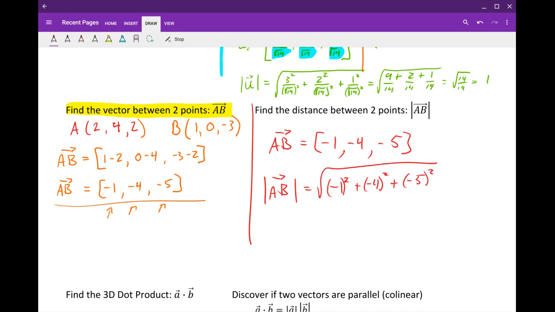And so we're looking at 17 plus 25, which would be 35, 42, right? Square root of 42. That would be the distance between points A and B. So you first find the vector AB, and then you find its magnitude.